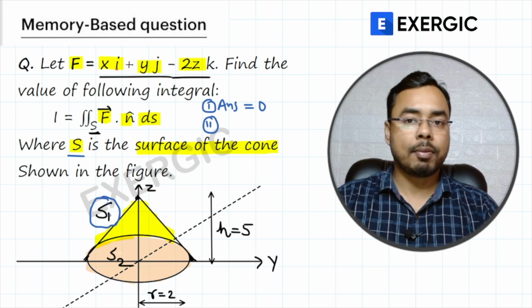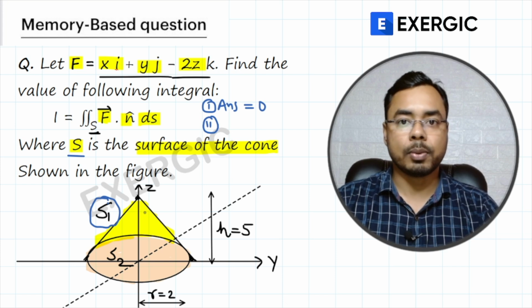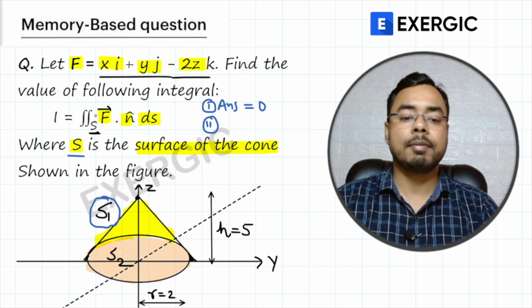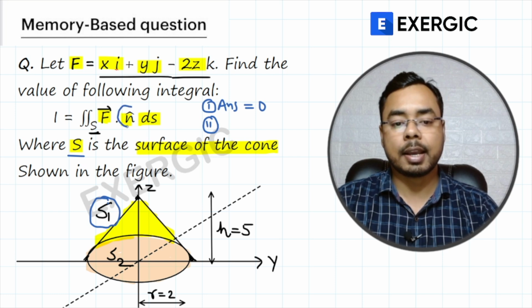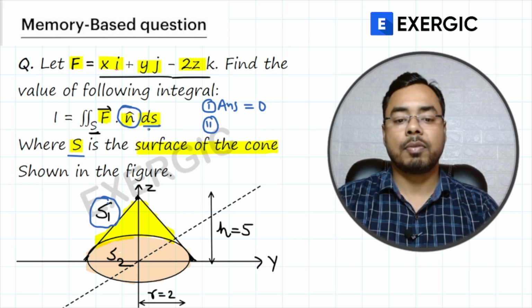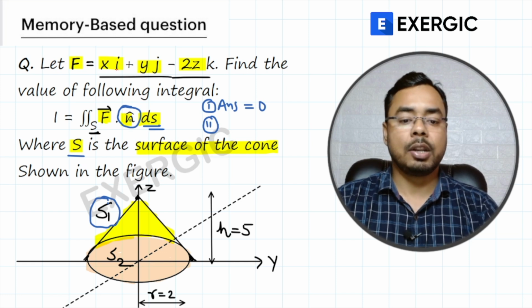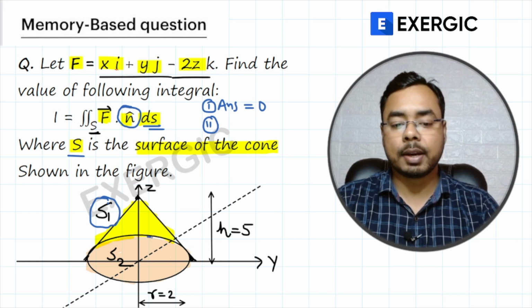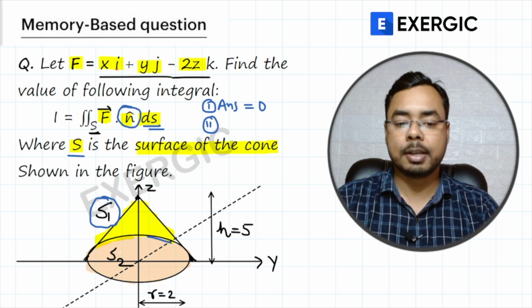So if I have to evaluate the surface integral over S1, the curved surface of the cone, you can easily see that for this curved surface, the direction will change continuously, right? This n cap is the unit vector which is normal to surface S. So for this curved surface, the direction is changing continuously, and therefore it will be difficult to calculate the surface integral, compared to the surface integral on the circular base of the cone.